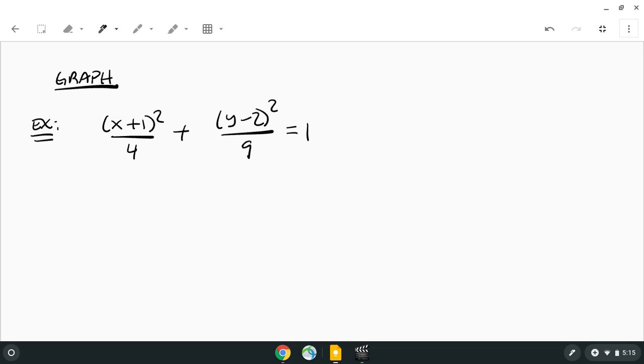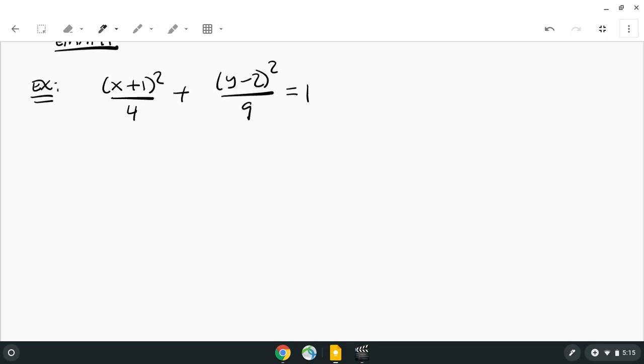Hopefully you recognize the equation of an ellipse. We have a new center. It's going to shift from 0, 0: 1 to the left and 2 up. But everything else is going to be the same.